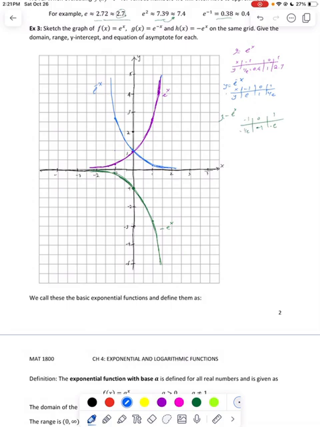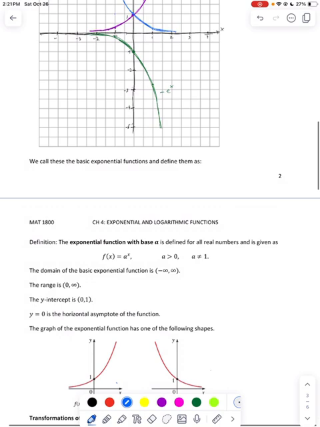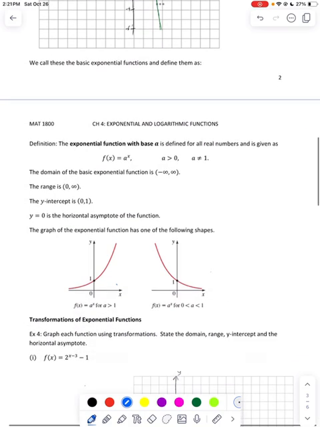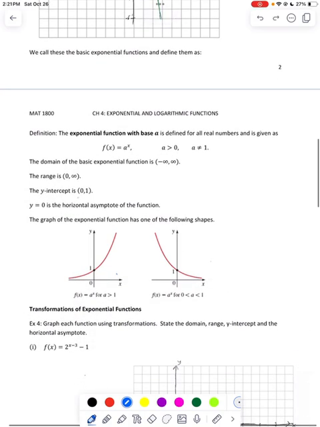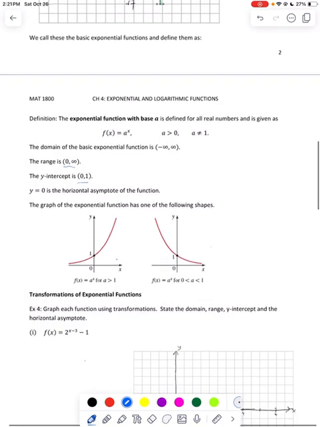So that's your choice, how you want to treat it when graphing comes. The y-intercept will always be 0 to 1 range, and y equal to 0 will always be the horizontal asymptote.